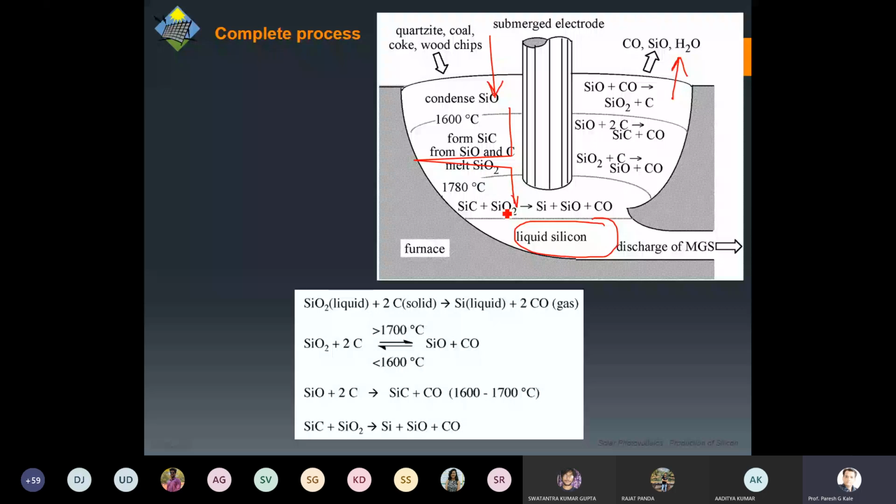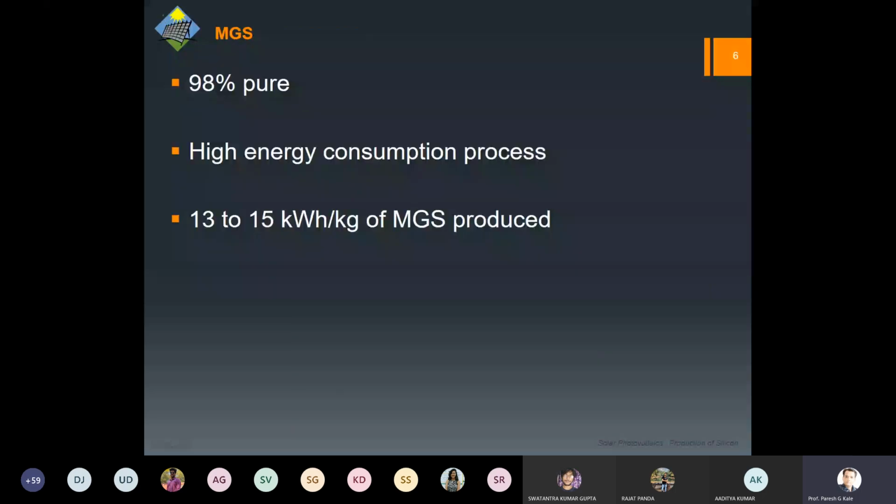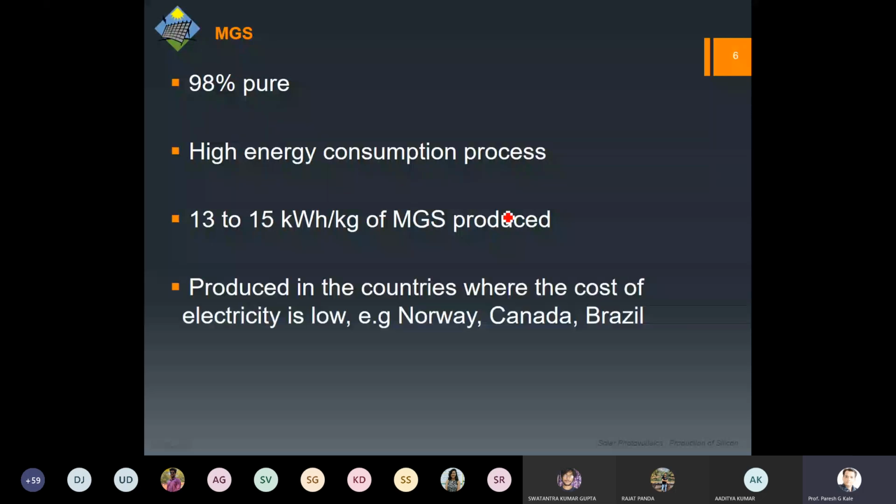So that's a huge electricity consumption, and that is one of the reasons why the production of silicon is confined to certain countries where the cost of electricity is very low, and at the same time you get good quality of power, with continuity and without fluctuations and everything. You know what power quality is. So Norway, Canada, Brazil.